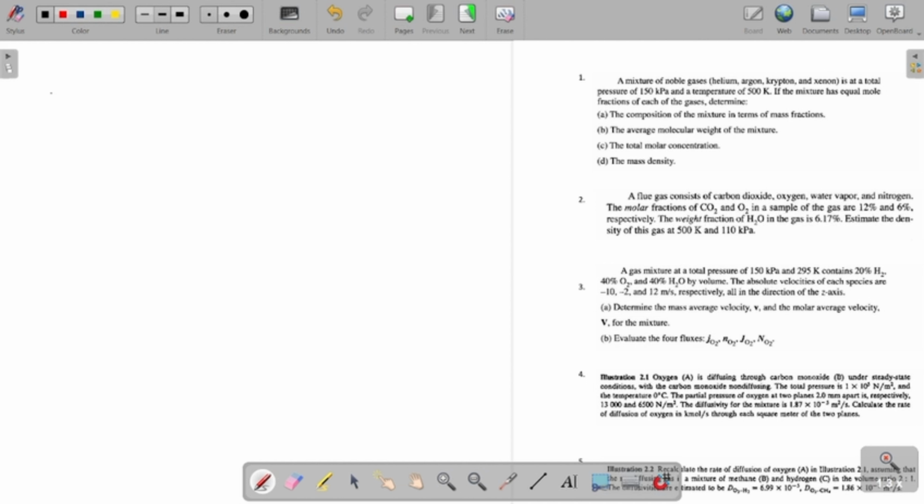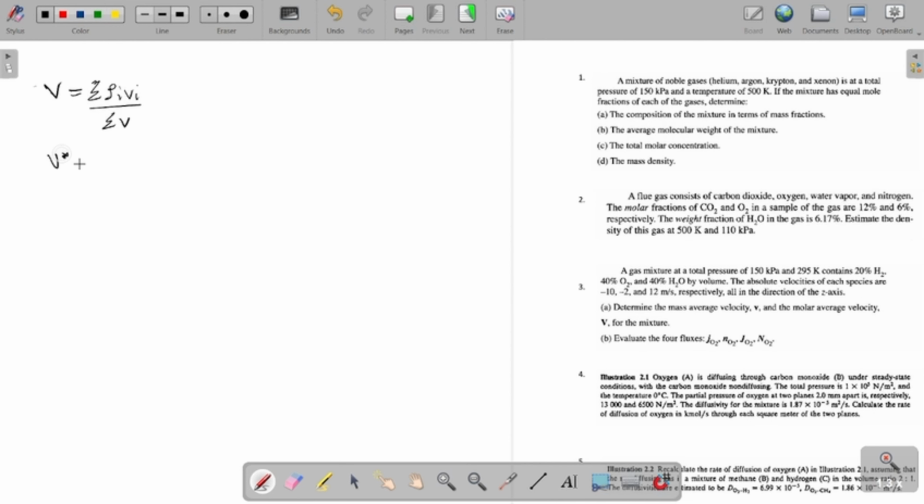So the mass velocity, which is V, will be equal to the summation of the mass concentrations multiplied by their individual velocities, divided by the total concentration.